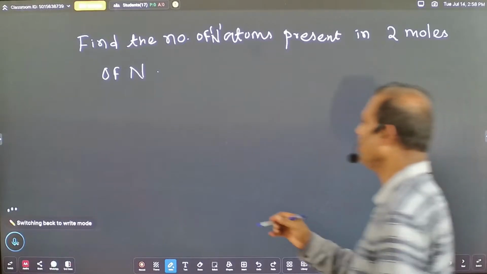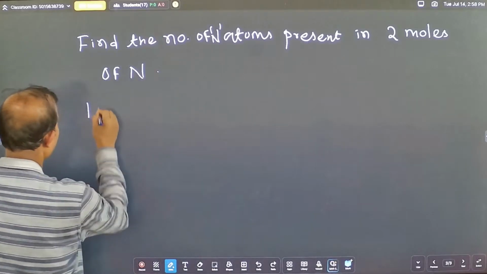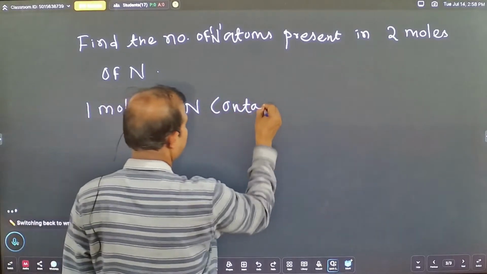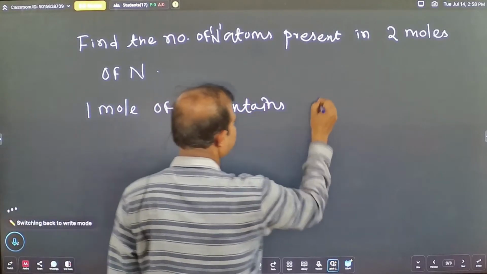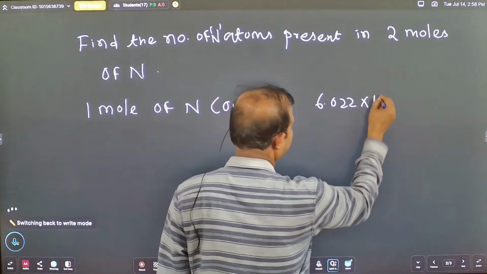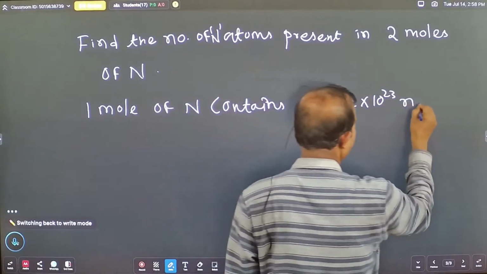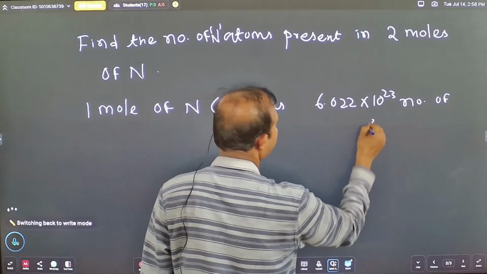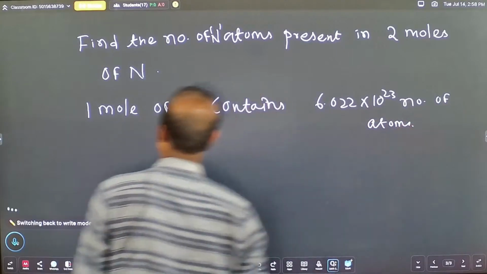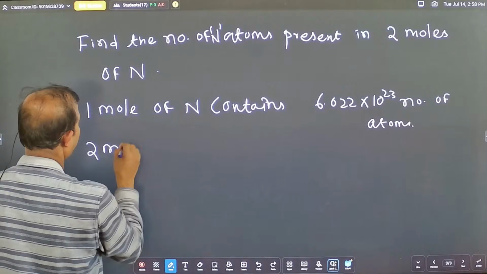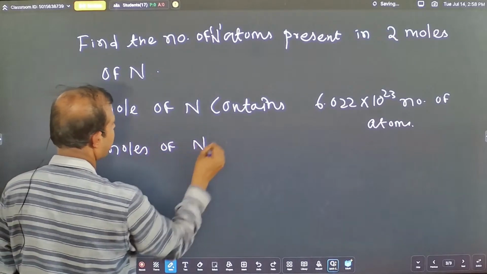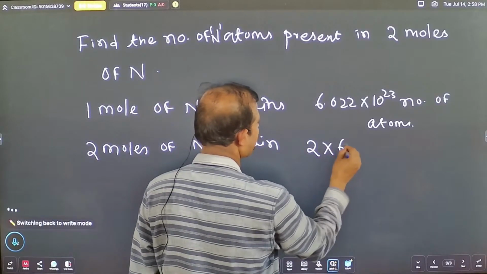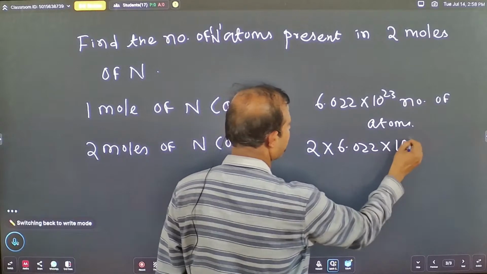So clearly, according to the mole concept, 1 mole of N contains 6.022 into 10 to the power 23 number of atoms. 2 moles of N contain how many? 2 multiplied by 6.022 into 10 to the power 23 number of atoms, right?